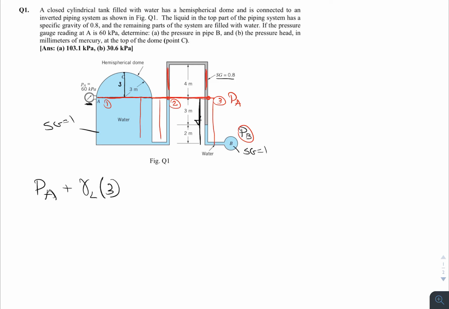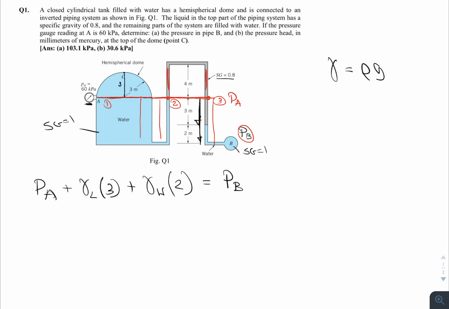If you forget what gamma is, it's just rho times g. It's called the specific weight of a fluid. And we're going to go even further down again, plus gamma of water times 2 meters. And that should be equal to the higher pressure at PB. And that's all we need to do.